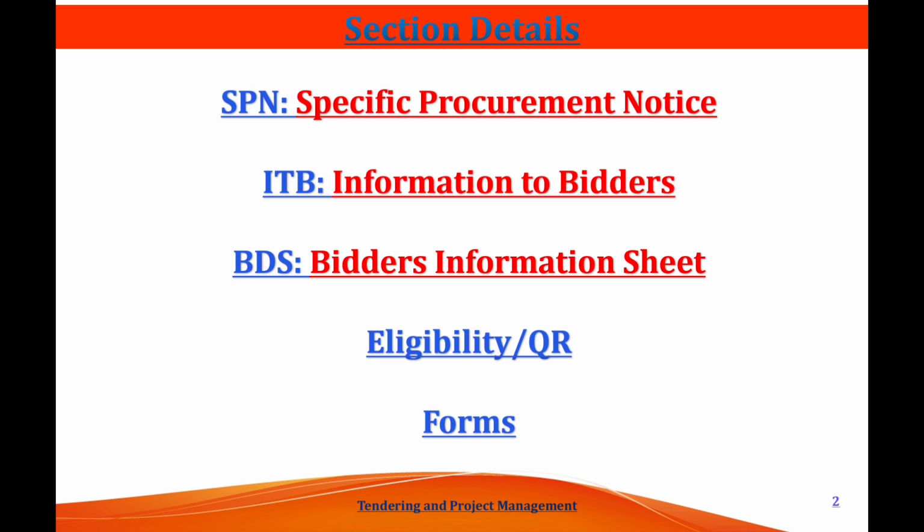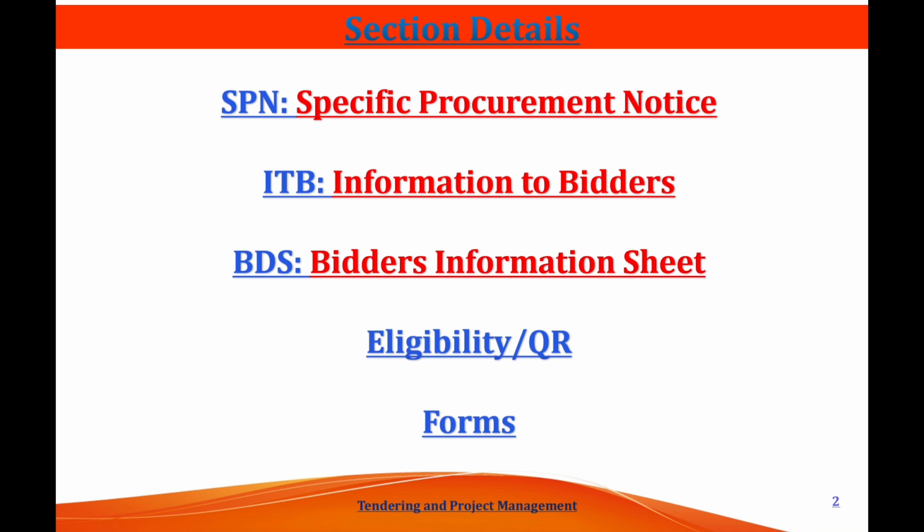So जो भी ITB में general informations दिया हुआ रहेगा, BDS will take some of the specific clauses of ITB and will specify the specific need. जो टेंडर होगा उसके हिसाब से वो कस्टमाइज्ड रिक्वायरमेंट्स पुट किया जाएगा बिड डेटा शीट में. So that is this section BDS.